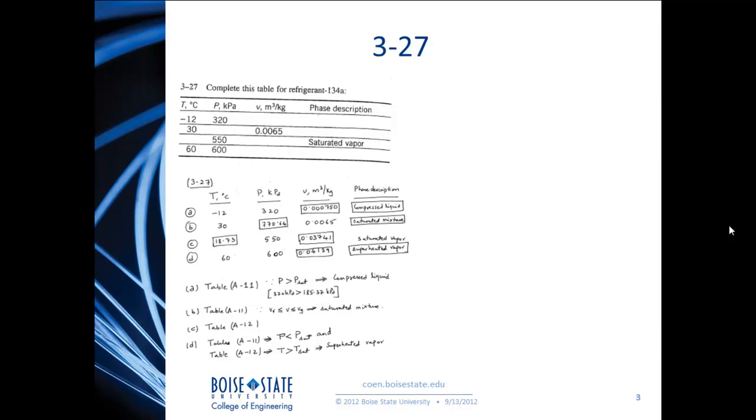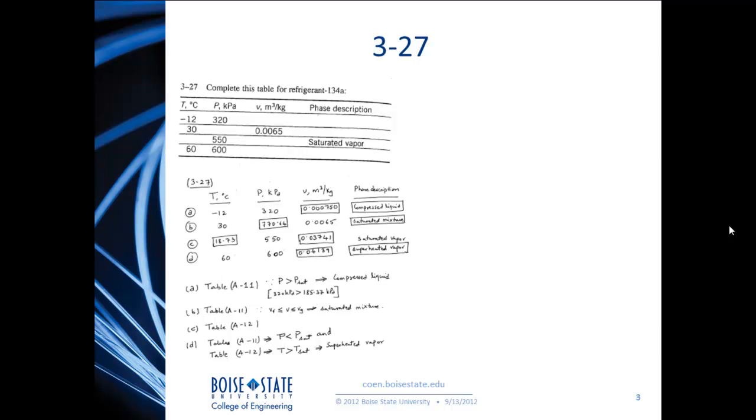And in part D, we are asked to identify the phase and also find the specific volume. So here you are given a combination of temperature and pressure. So if you go to table A-11, you would see that the pressure you are given is less than the Psat at a particular temperature of 60 degrees C, which would mean that you are dealing with superheated vapor.